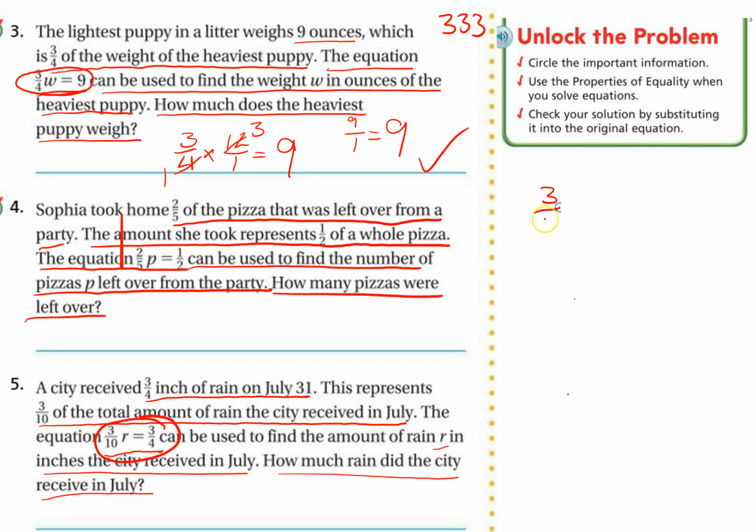We have 3/10 times R equals 3/4. I have fractions on both sides, so first I have to multiply the two denominators times each other. 10 times 4 is 40, and that tells me I need to multiply both sides by 40 to get rid of the fraction.